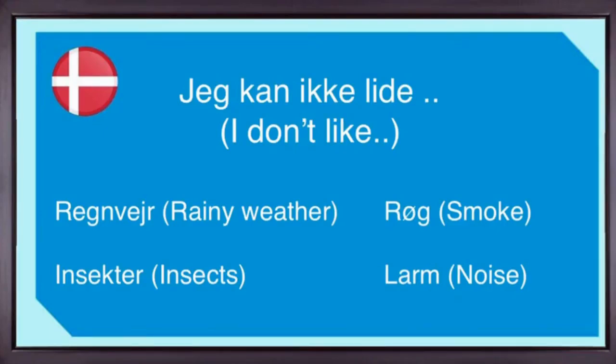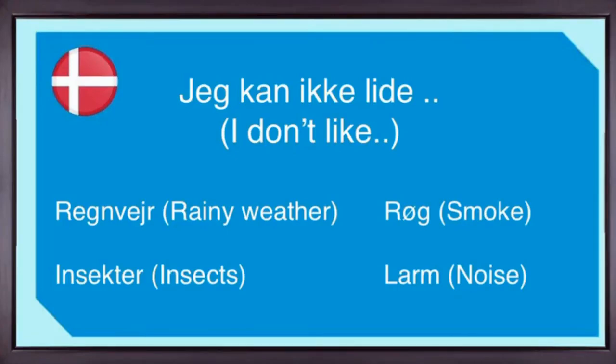Insekter. Insects. Røg. Smoke. Larm. Noise. Alright, very nice.